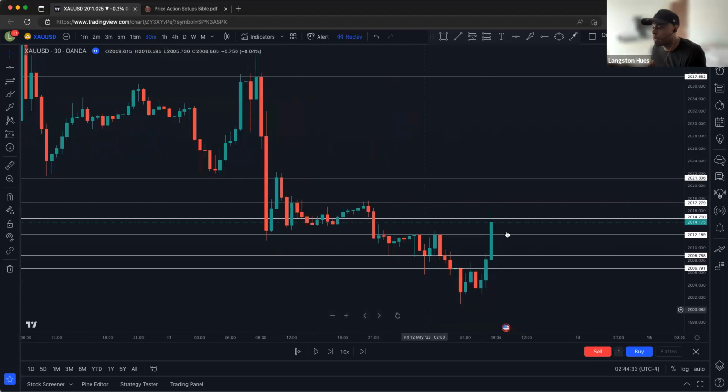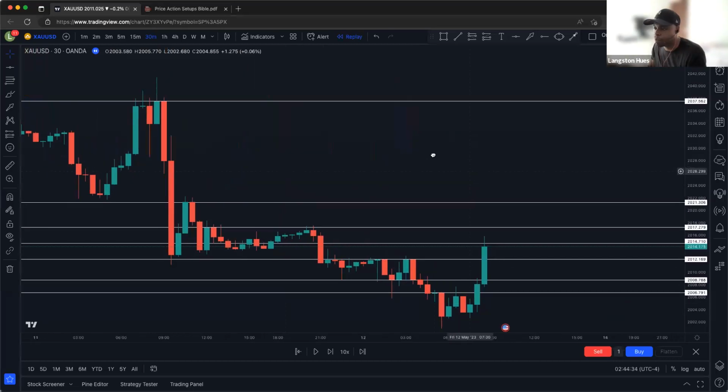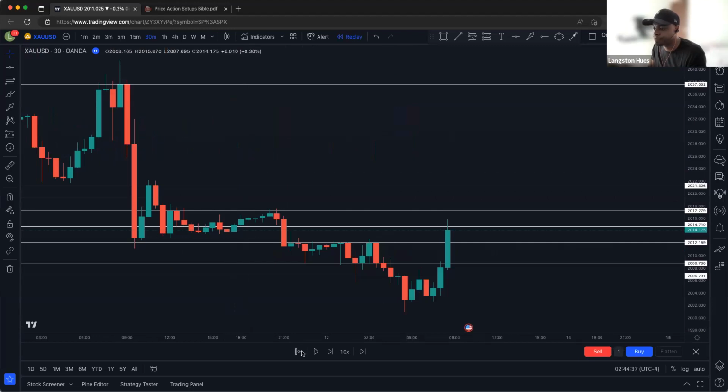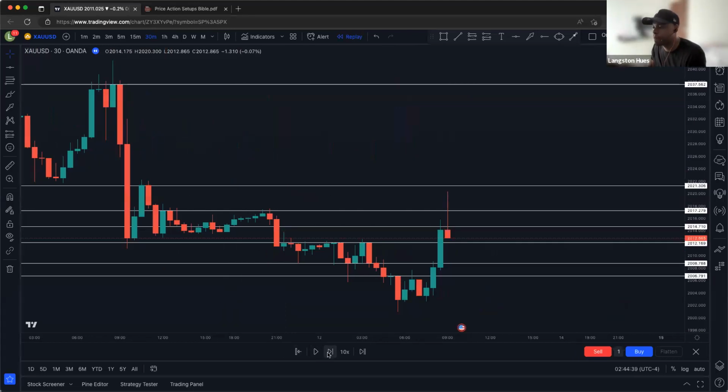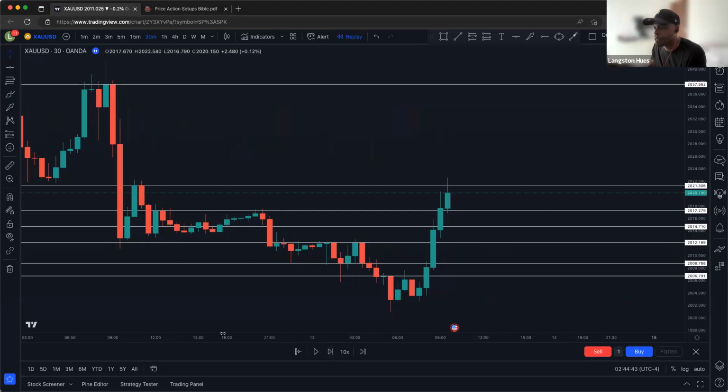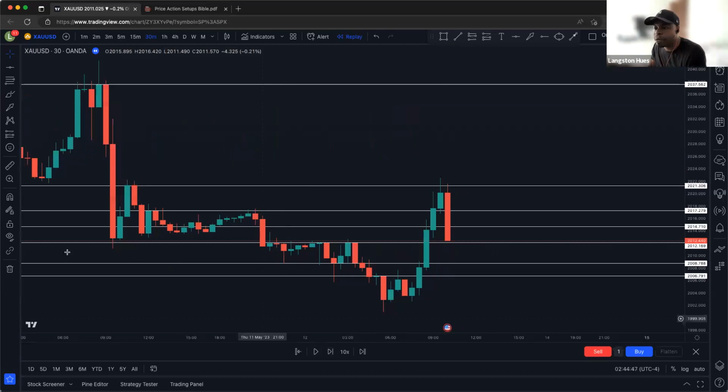I'm going to play this in replay mode. But look where price rejected. It went here, right? The next candle. You see that? It couldn't close above. Let's see the candle after that. It respected that resistance, right? We already had this level plotted here.